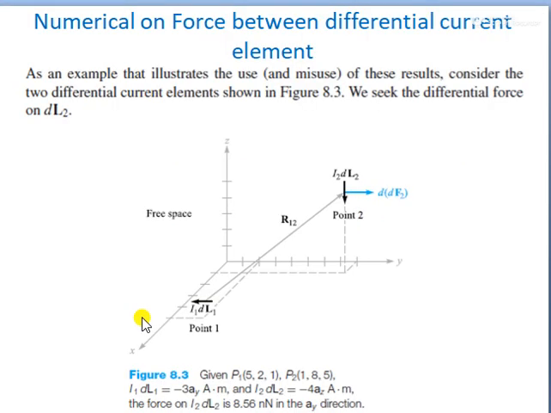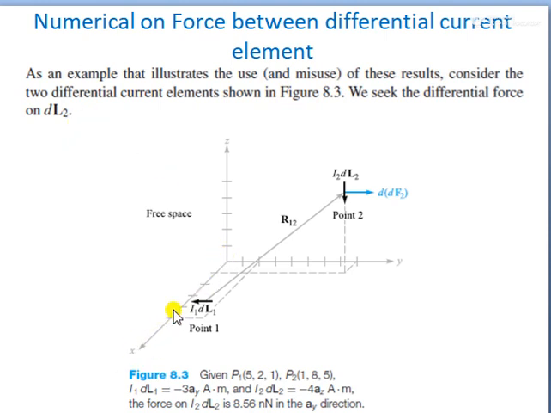Now let us see one numerical on the force between differential current elements. As the example illustrates the use and misuse of this result, consider the two differential current elements shown in figure 8.3. We seek the differential force on dL2.